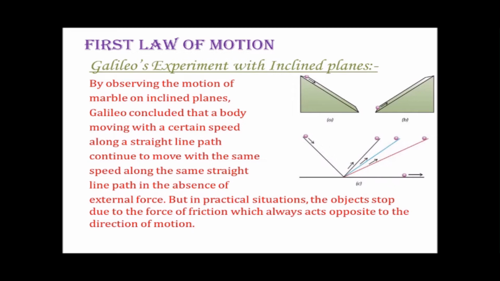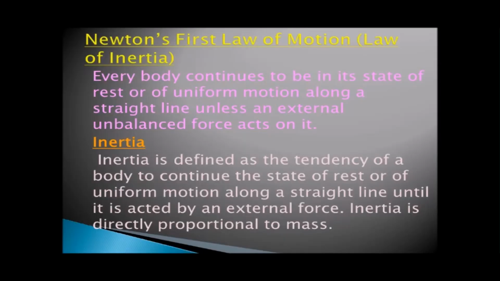But in practical situations, the object stops due to the force of friction, which always acts opposite to the direction of motion. Sir Isaac Newton further studied the ideas of Galileo's experiment and arrived at the three laws of motion.